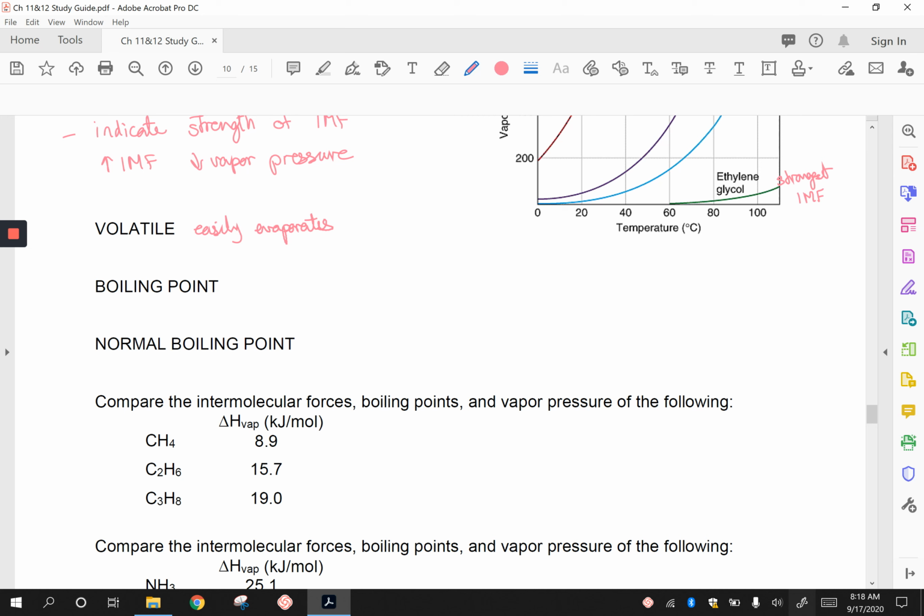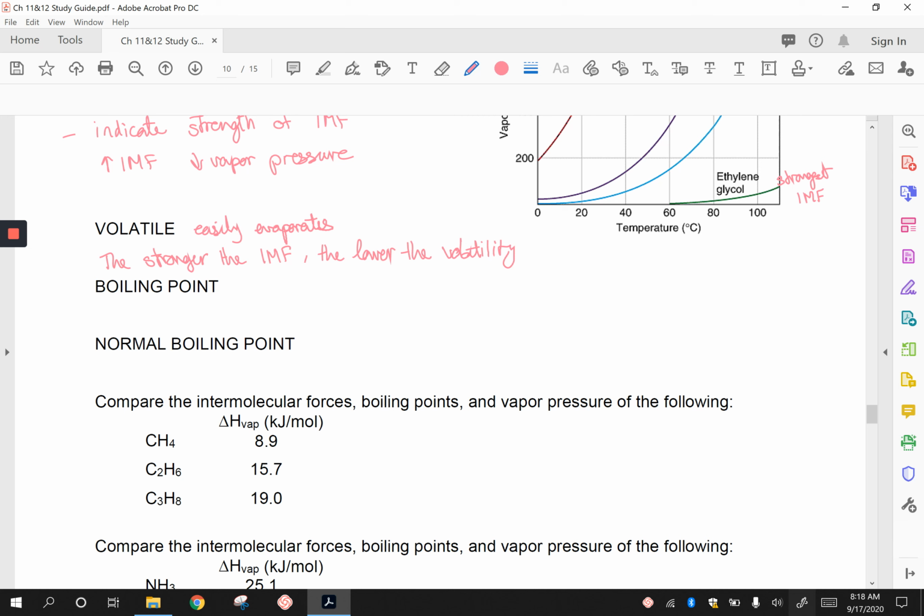And so the stronger the intermolecular forces, the lower the volatility, or the less volatile it is.